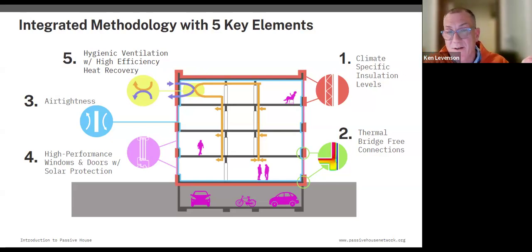And actually, the renovation in Brooklyn, we could have had below code levels of insulation and been able to hit the passive house performance.